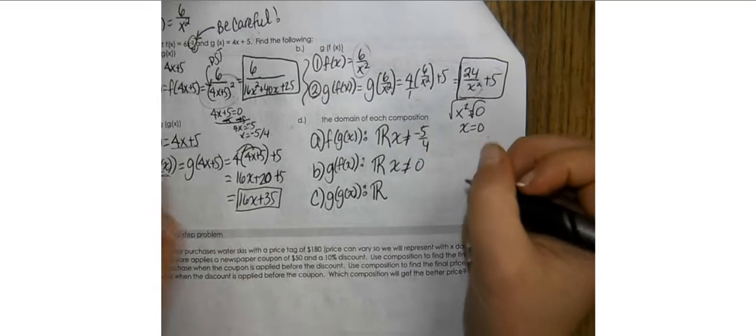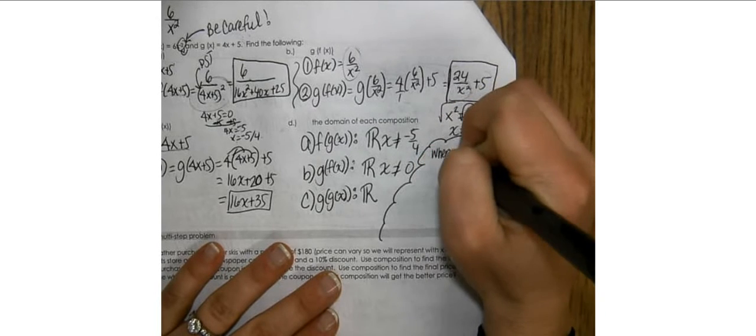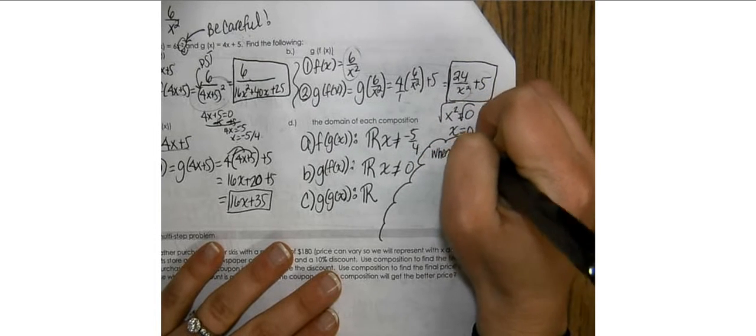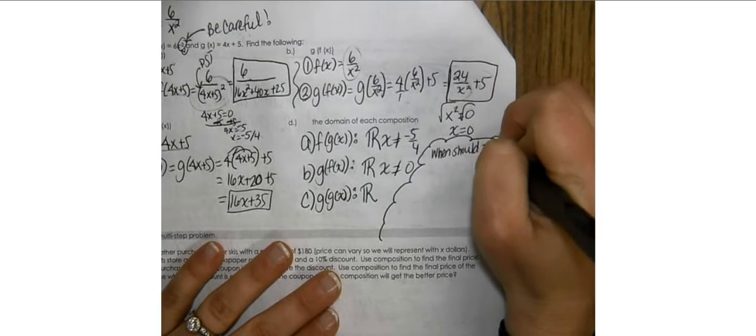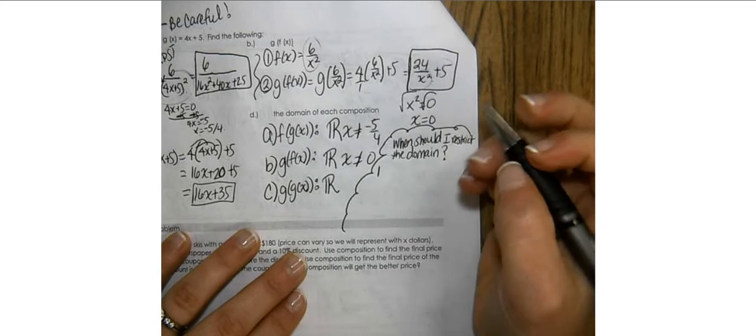So the question is, when should I restrict the domain? I want you guys to write this down because I think that this is very important. When should I restrict the domain? Well, the first thing you would need to see is if at any point you have an even root anywhere in the problem.